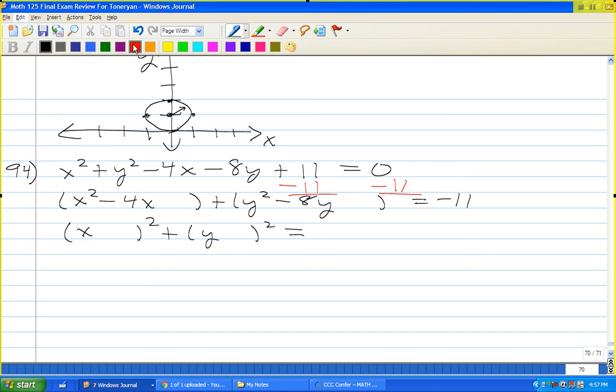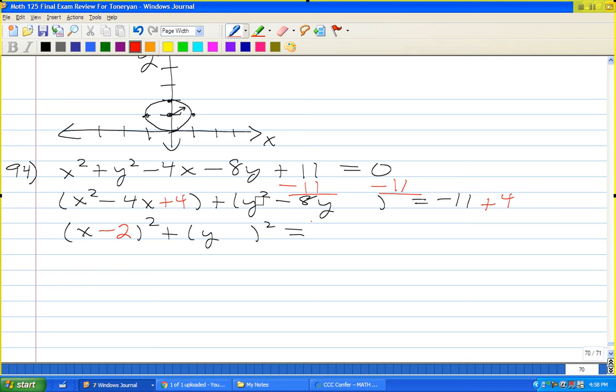Since this is monic, what's in the parentheses for the first parentheses is a monic quadratic trinomial in x. To complete the square, just take -4 divided by 2. -2 squared is 4. Add 4 to both sides. Again, in the second parentheses, for the y, that's also a monic quadratic trinomial.